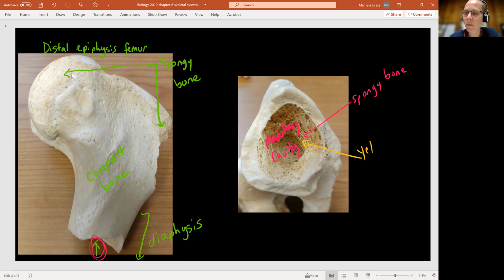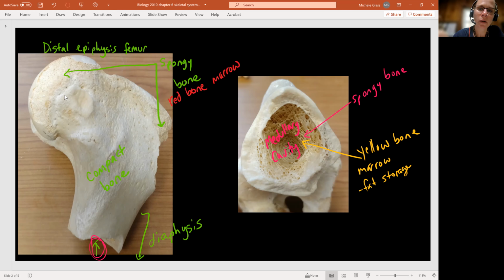The yellow bone marrow, remember, is our fat storage marrow cavity. Whereas our epiphyses, the spongy bone of our epiphyses, have our red bone marrow.